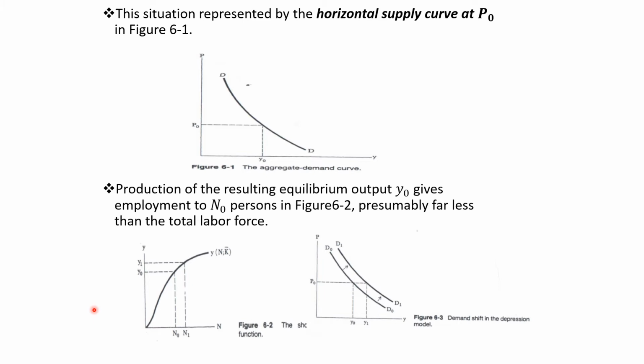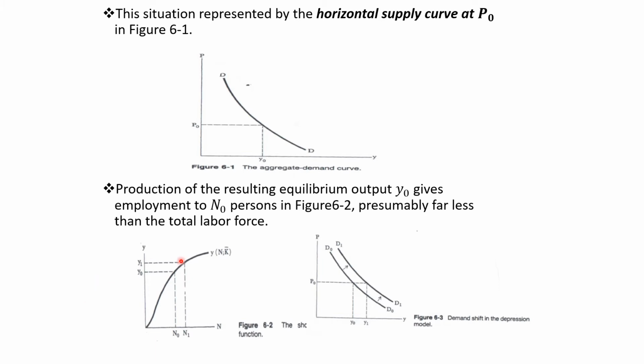In this case, if the government purchase were increased, the IS curve would shift out, and the demand curve of figure 6.1 would shift from D1 to D2. You can see in this figure 6.3. Equilibrium output would rise from Y0 to Y1, and employment would rise from N0 to N1. You can see in this figure 6.2.